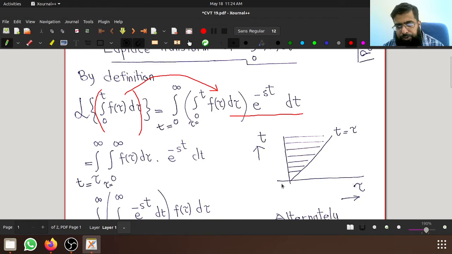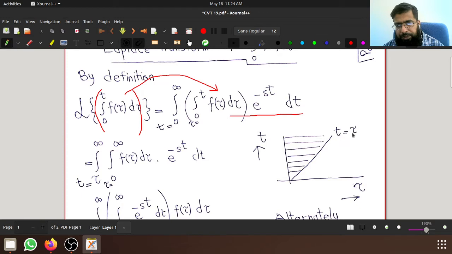Let's draw these two variables on the x and y axes. The t goes from 0 up to infinity, whereas the limit for tau, the second variable, isn't from 0 to infinity, but from 0 to t.